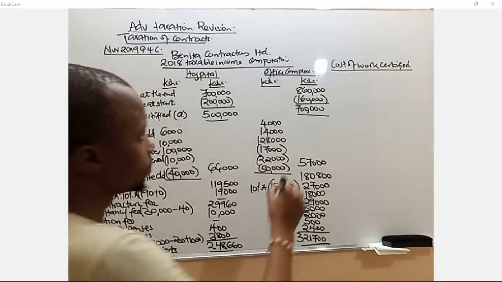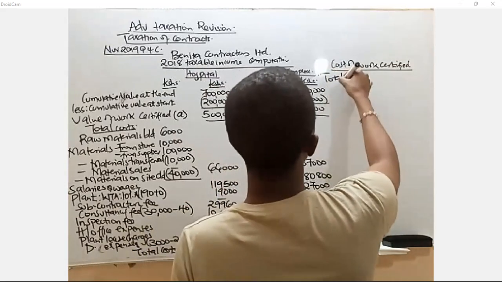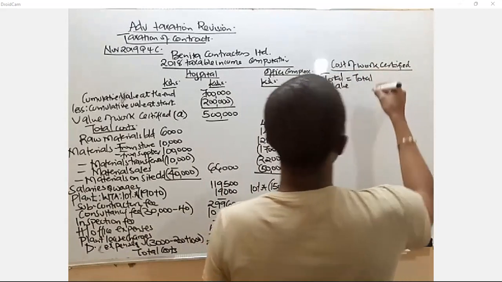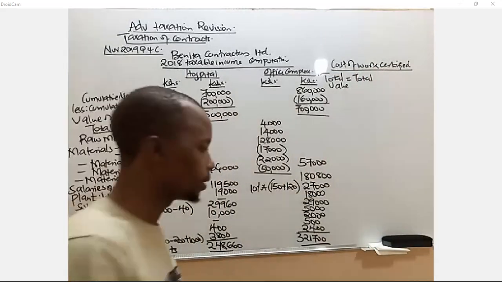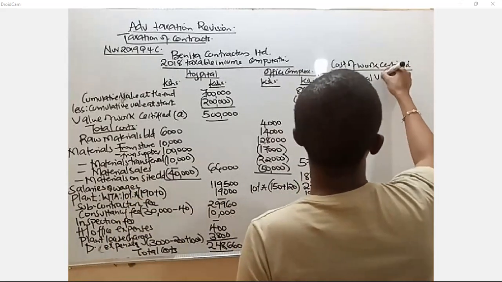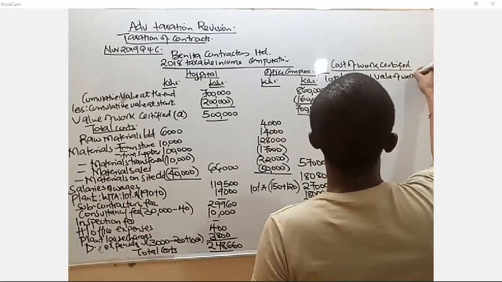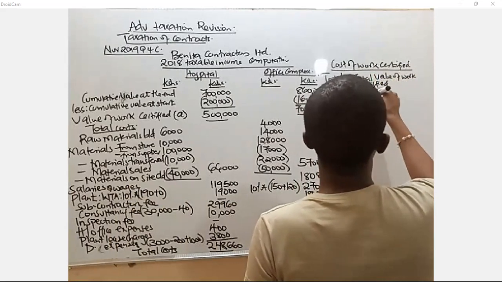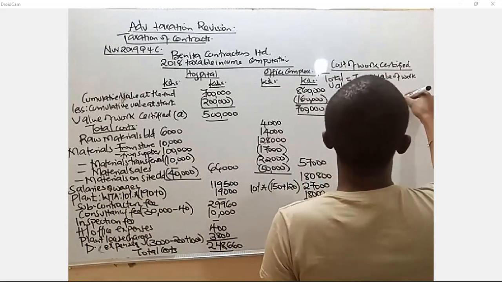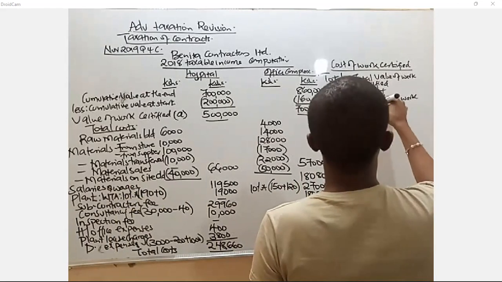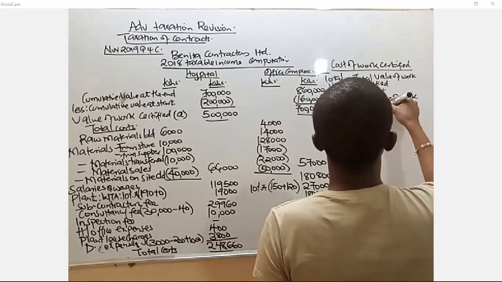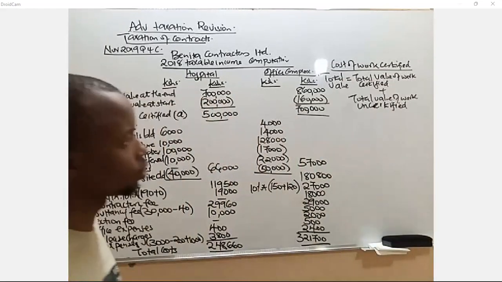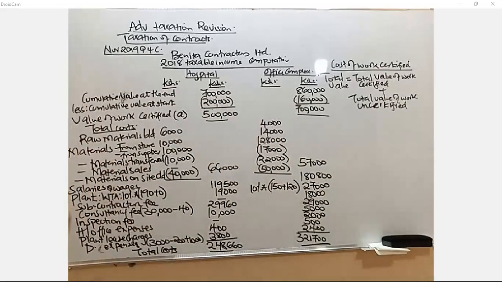To get our total value, we take the total value of the work certified plus the total value of the work uncertified.